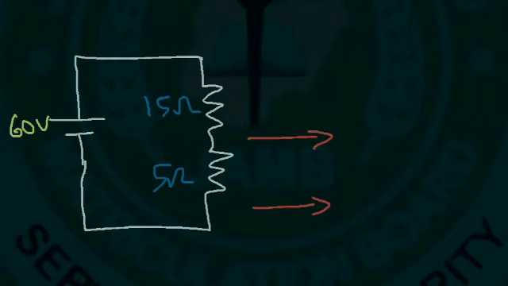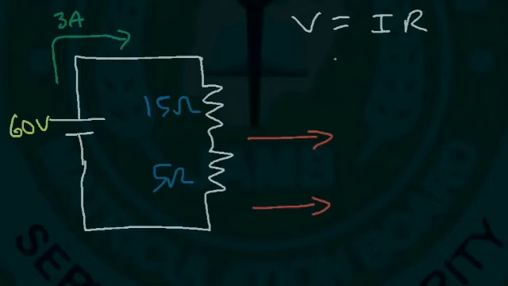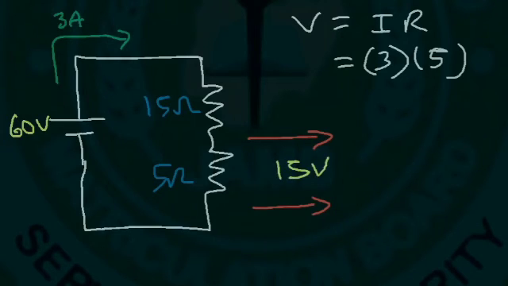And V equals IR. 60 volts divided by 20 ohms will give us a current of 3 amps. Now if you use V equals IR again, the voltage across the 5 ohm resistor is the 3 amps that flows through it times 5. So it's going to be 15 volts across the 5 ohm resistor.